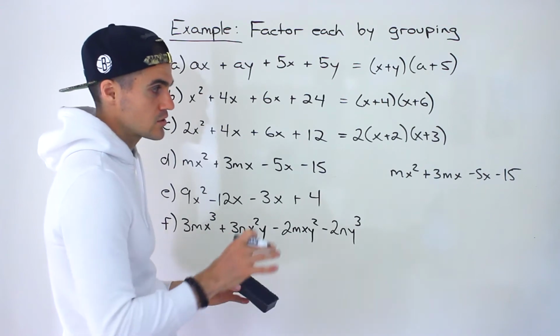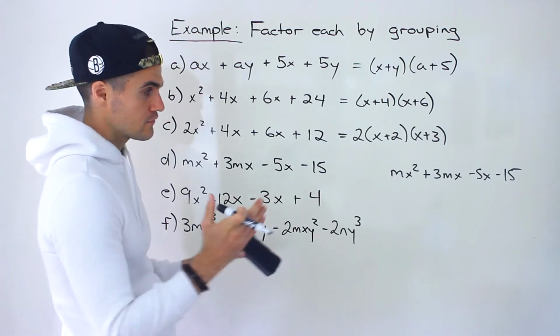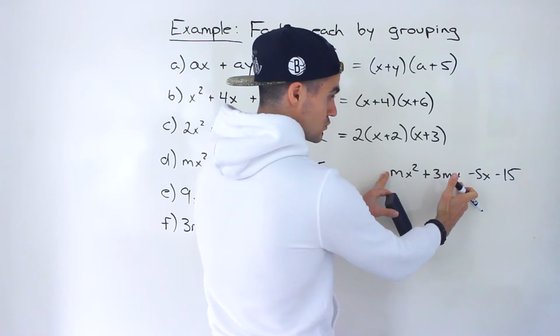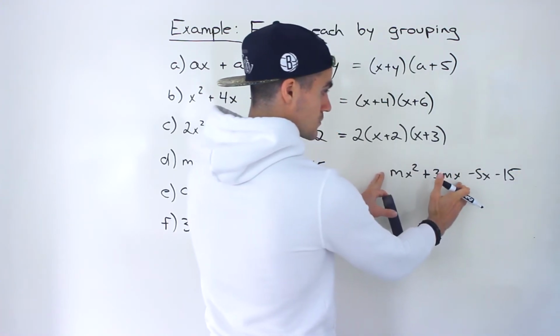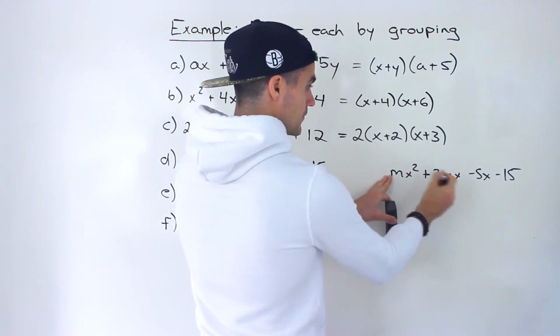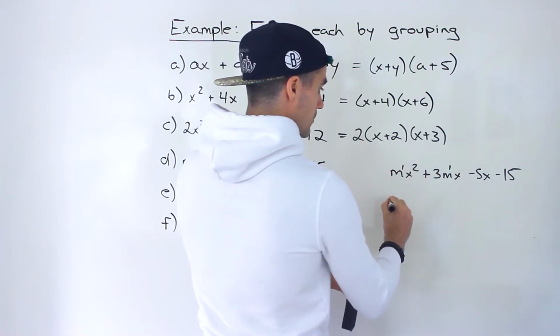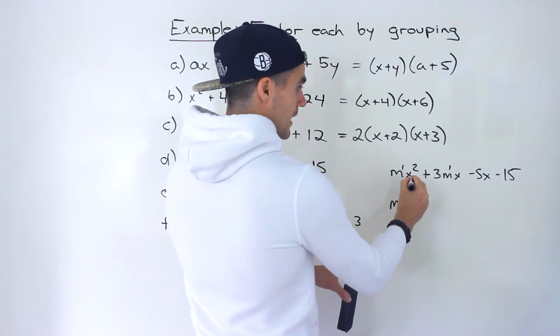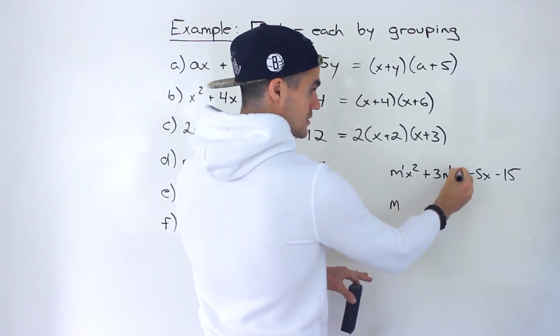So from here, let's go into factoring by grouping. Factoring by grouping, we look at the first two. Forget about the others. What can we take out of both of these? Well, we could definitely take out an m, right? M to the power 1 is common in both. And then we have an x to the 2 and x to the 1 over here.